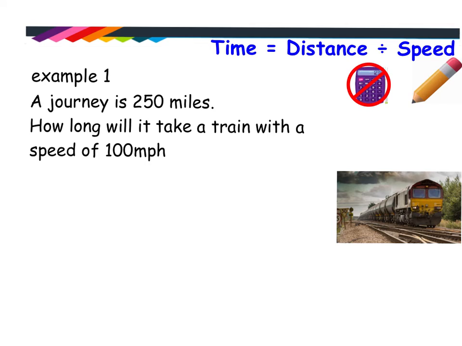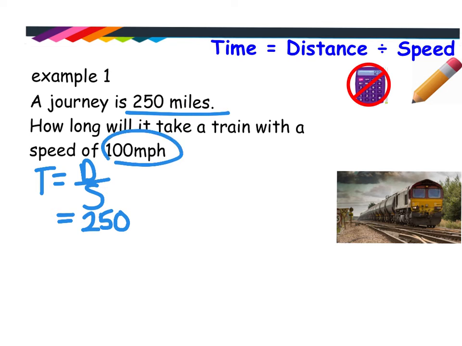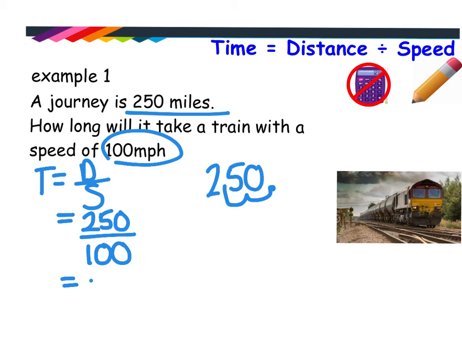My first example I always like to do without a calculator. We want to find our time when our distance is 250 miles. How long will it take a train with a speed of 100 miles per hour? Our formula is time equals distance divided by speed. Our distance is 250 miles and our speed is 100 miles per hour. So we're doing 250 divided by 100. There are several ways of doing this. 250 divided by 100 means moving the imaginary decimal point at the end two places, so it becomes 2.5.